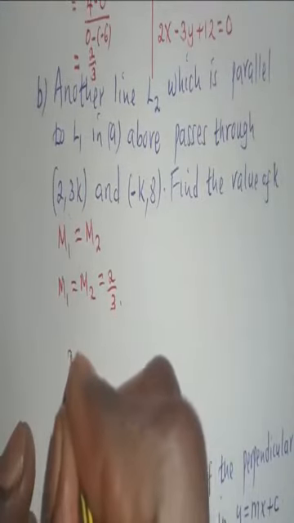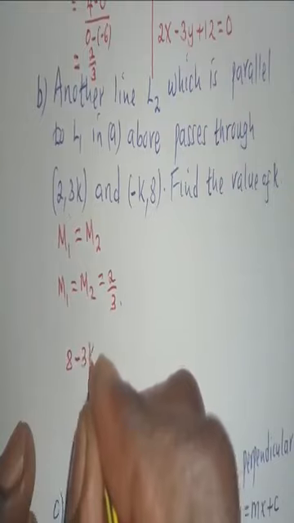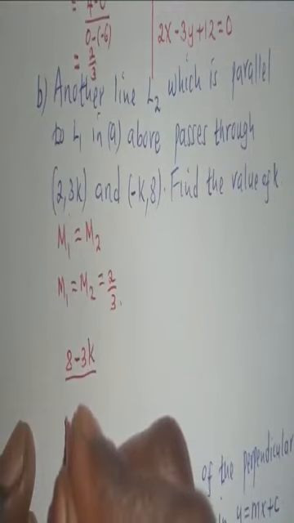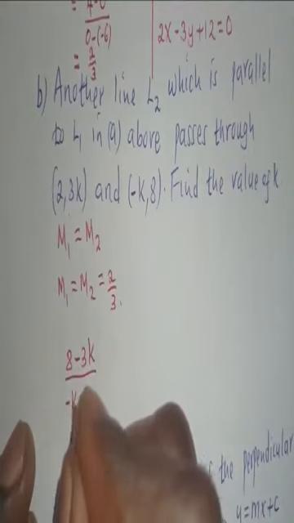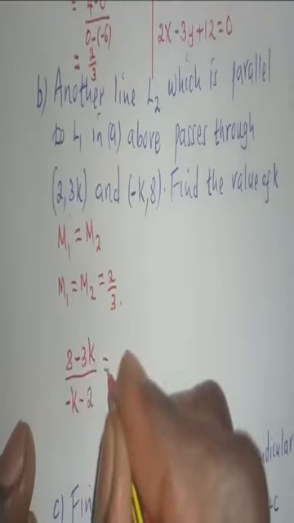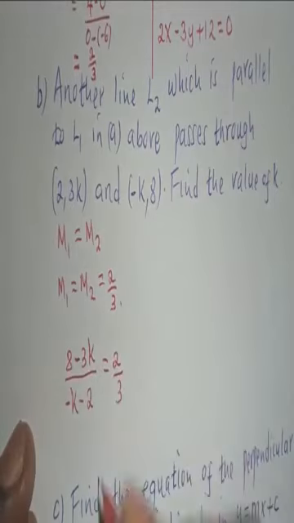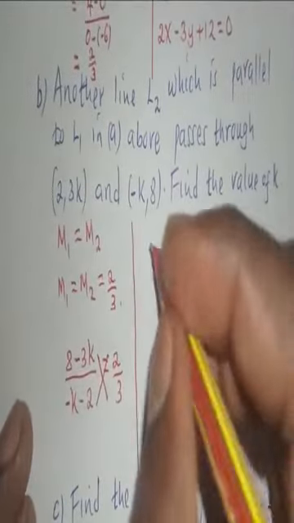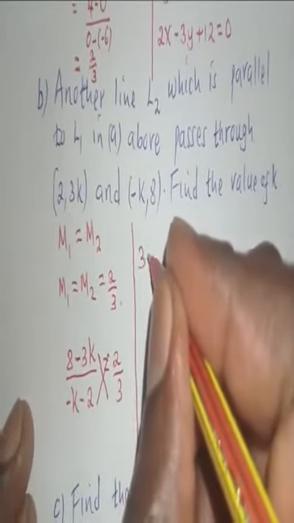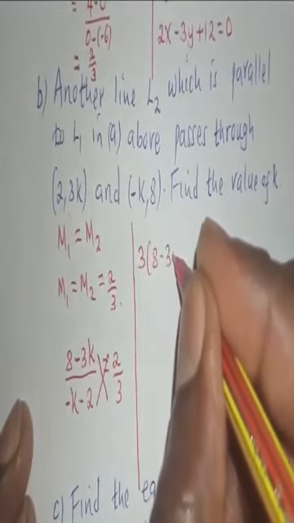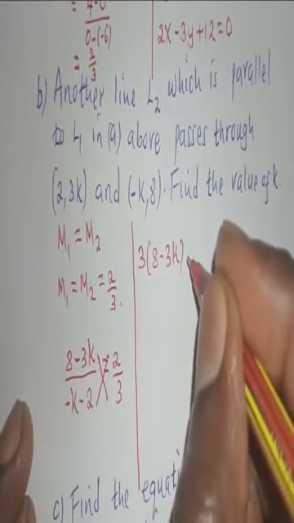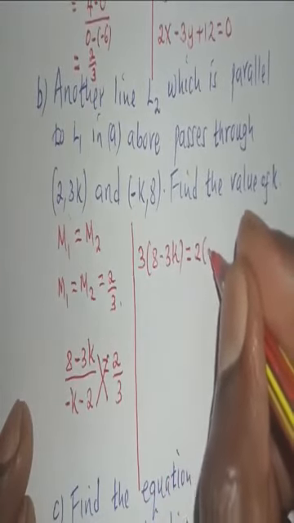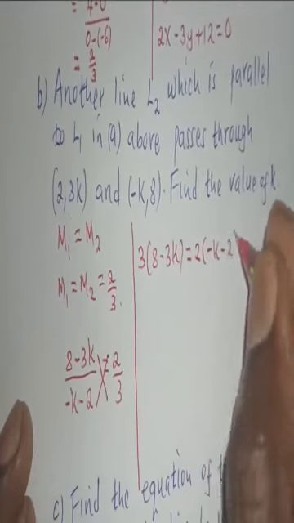So we have 8 minus 3k all over -k minus 2, which equals 2 over 3. So when we cross multiply, we will have 3 into 8 minus 3k equals 2 into negative k minus 2.